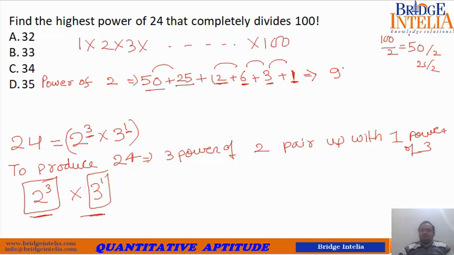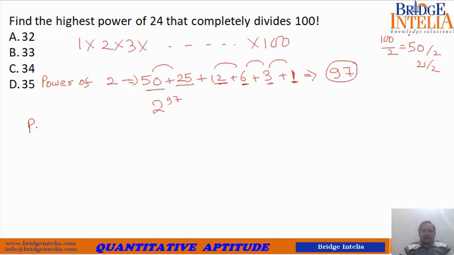So you can see 97 powers are available. So 2 to the power 97 is available.